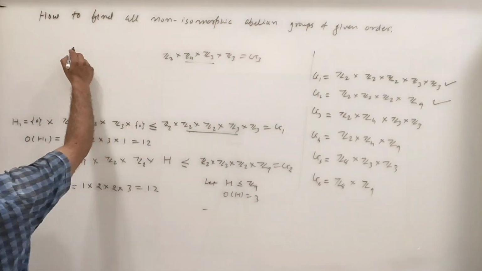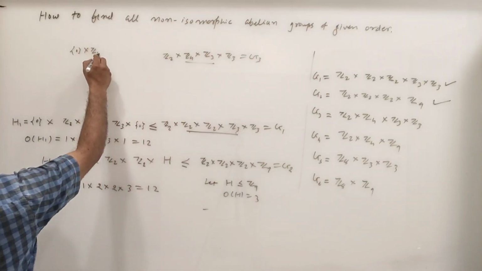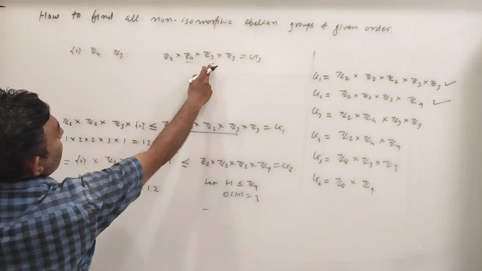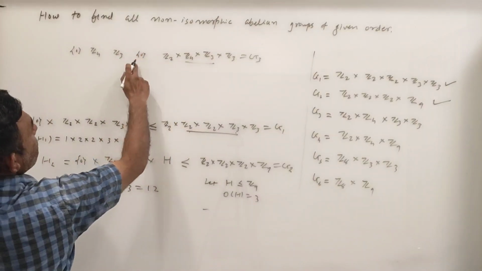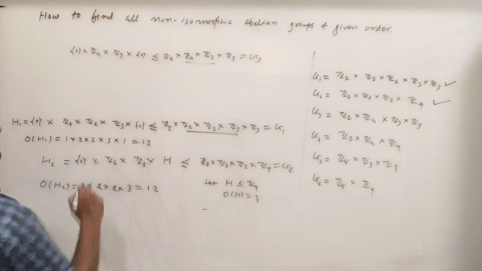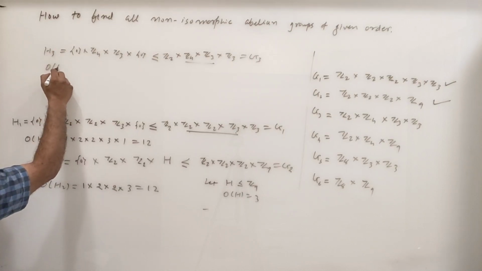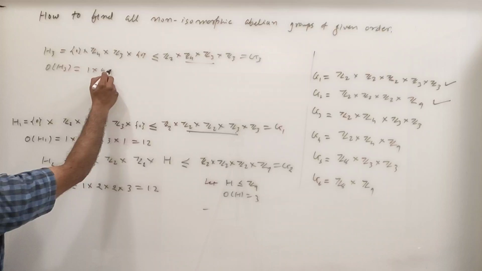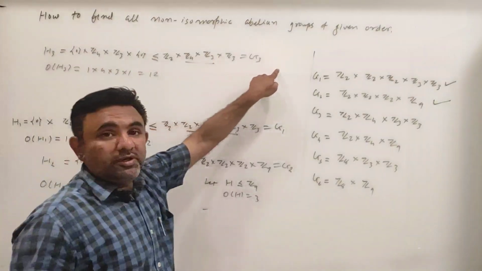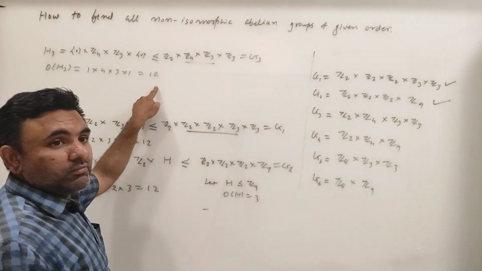So I will consider singleton 0 is a subgroup of Z2, Z4 is a subgroup of Z4, Z3 is a subgroup of Z3 and singleton 0 is a subgroup of Z3. So this cross this is a subgroup of G3. Let me say it is H3. So order of H3 is what? 1 into 4 into 3 into 1, that is 12. And H3 is a subgroup of G3, right? So G3 has a subgroup of order 12.